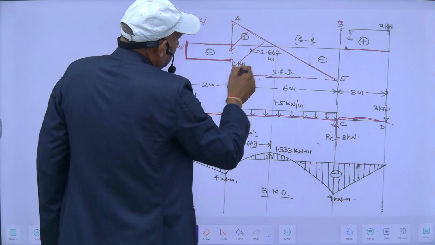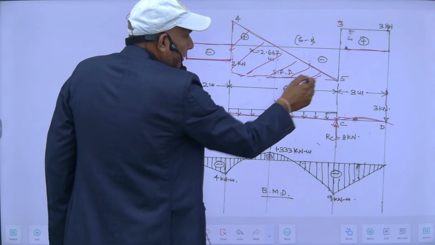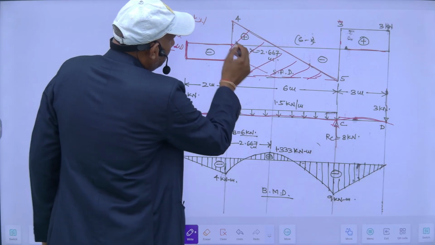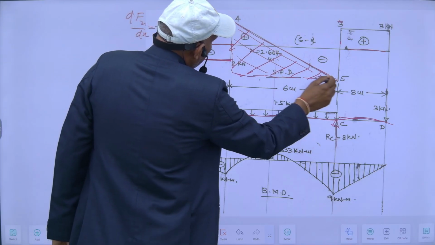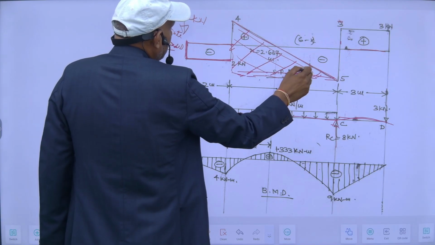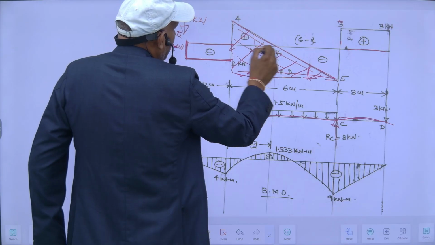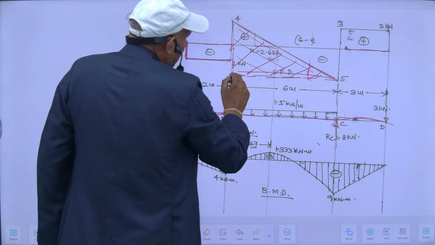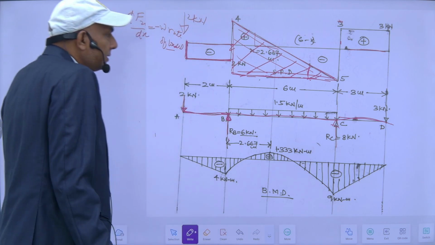So this is the triangle. Its slope is tan theta, which is equal to dy upon dx. So this side upon this side will give its slope.